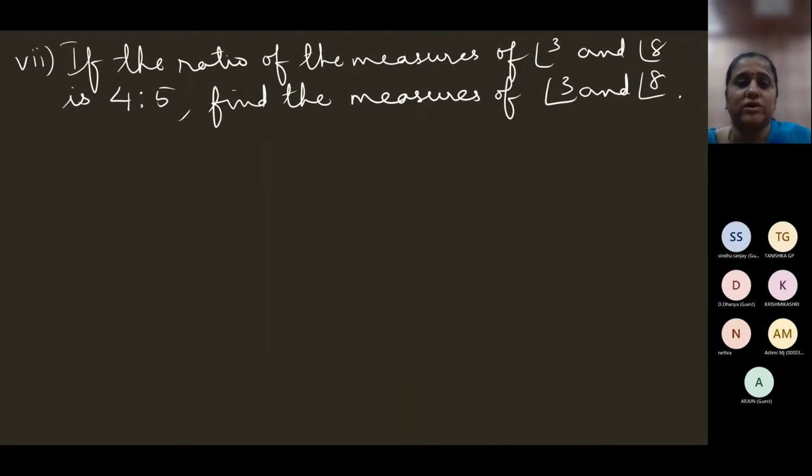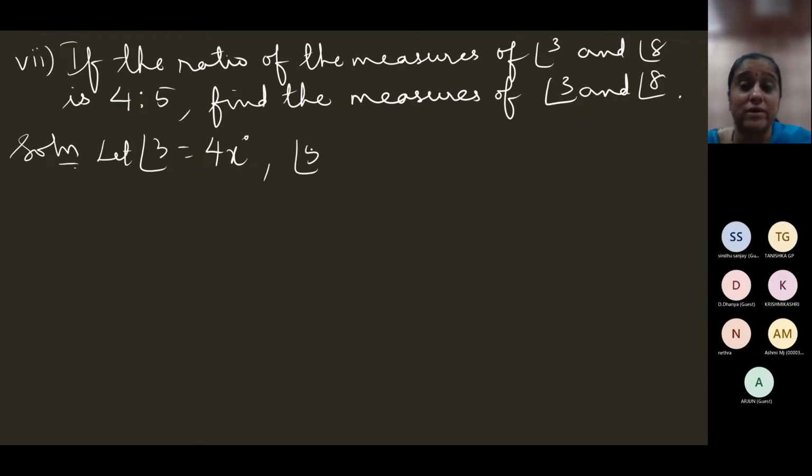Okay, so let angle 3 be equal to 4x degrees and angle 8 be equal to 5x degrees. 4 is to 5, so 4x and 5x.